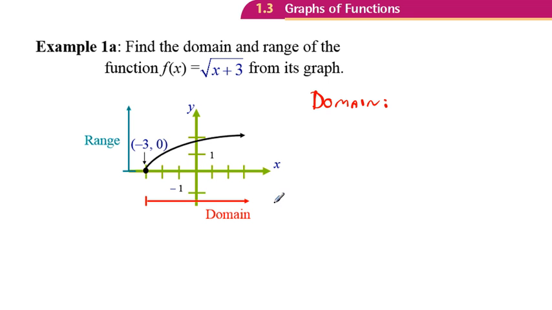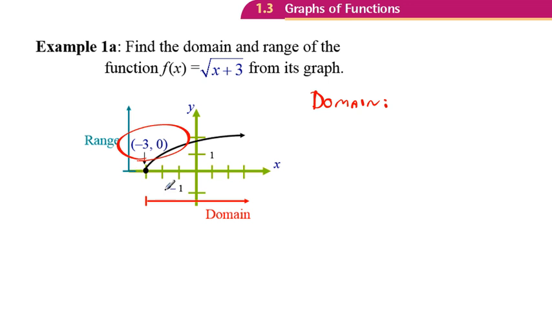Okay, so if you think about this, look at what is the smallest x value that this graph has? Right here, right? (-3, 0). It doesn't go any smaller because -4, -5, -6 is not part of the graph. It starts at (-3, 0), and it goes to the right.